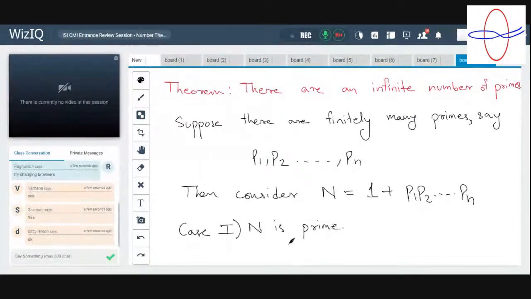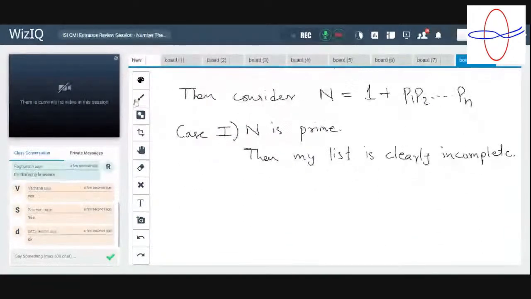Suppose N is prime. Then my list of primes is clearly incomplete, because I have constructed a prime not on my list. Or slightly less trivially, you have case 2. N is composite.